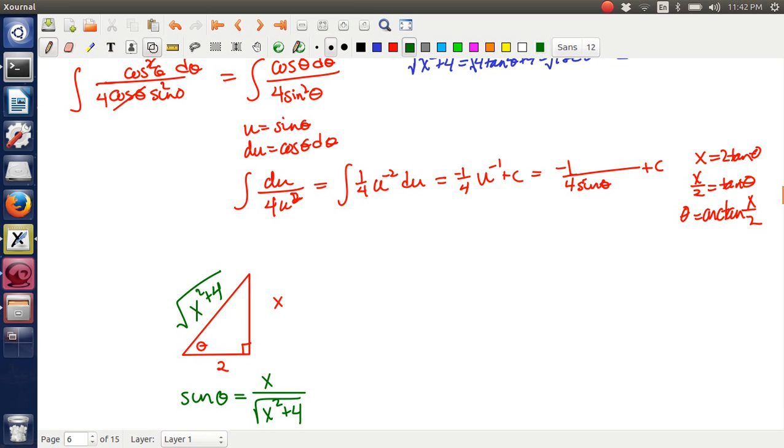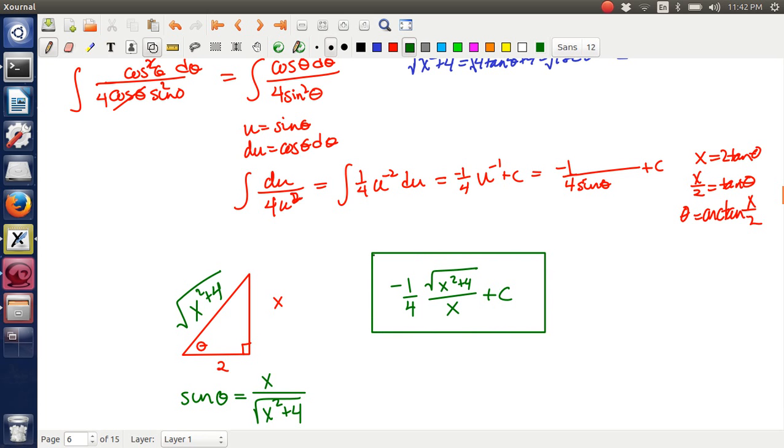Okay, but we're going to actually take the reciprocal of the sine of theta. So it's 1/4 times the reciprocal of this mess plus c. And that is the whole integral. And this is the answer. Okay, and that will be full credit if you get all the way to there.